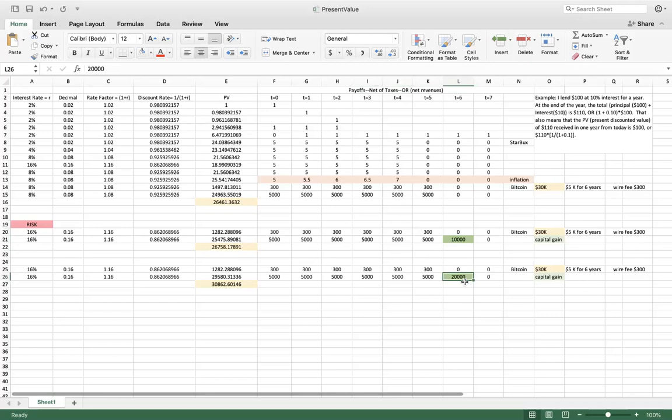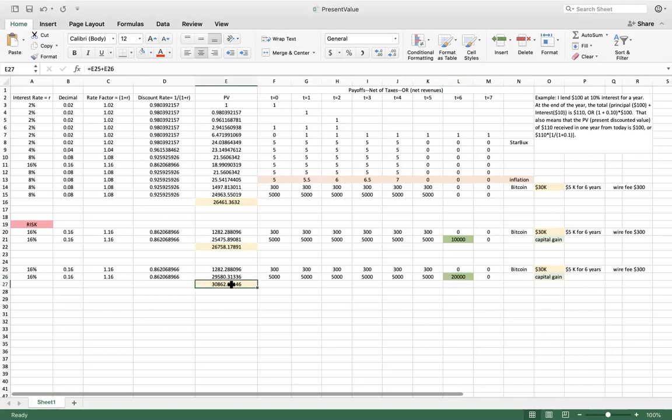But I could. This other scenario down here is exactly the same thing. I could have typed it in here, but I just put it on separate lines. But now I've assumed that the price of Bitcoin is not going to go up from 30 to 40,000, but from 30 to 50,000, so I have $20,000 of Bitcoin left over at the end.